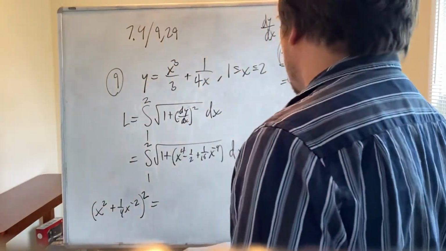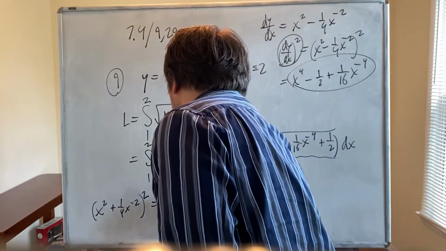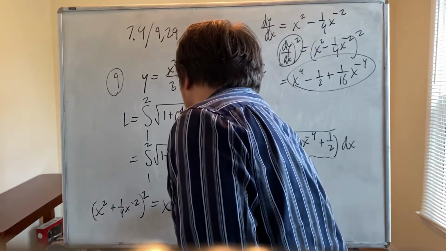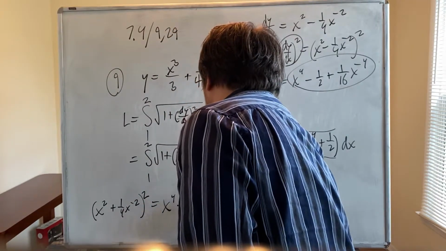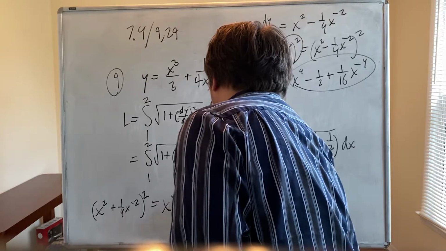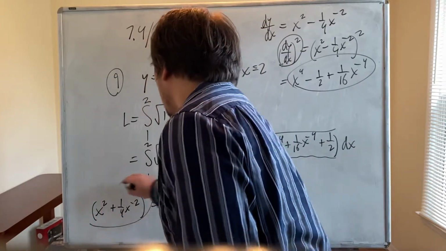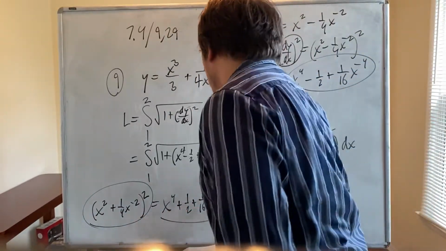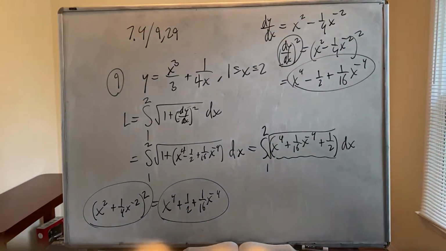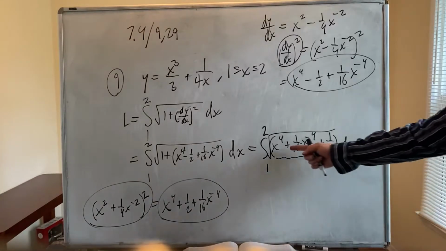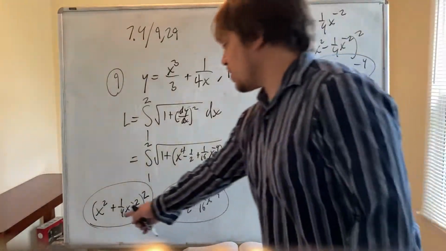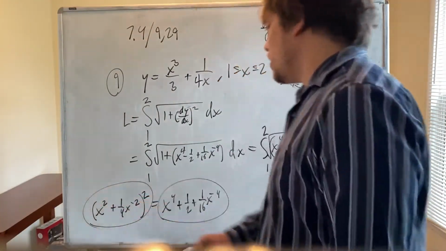When you square it, you get x to the 4th plus 1/2 plus 1/16 x to the negative 4. That's what you want. And so what I showed is that (x squared plus 1/4 x to the negative 2) squared is equal to x to the 4th plus 1/2 plus 1/16 x to the negative 4. So what's in the square root here, you can write as (x squared plus 1/4 x to the negative 2) squared.